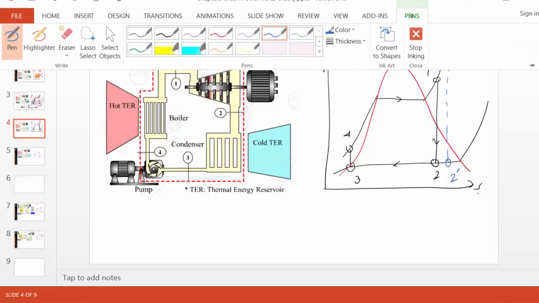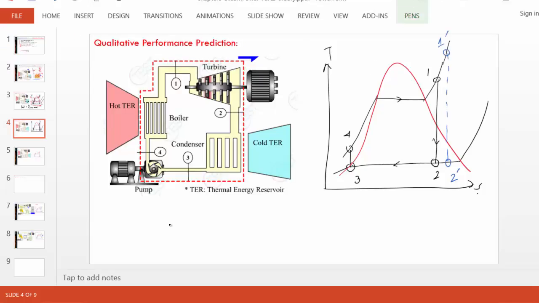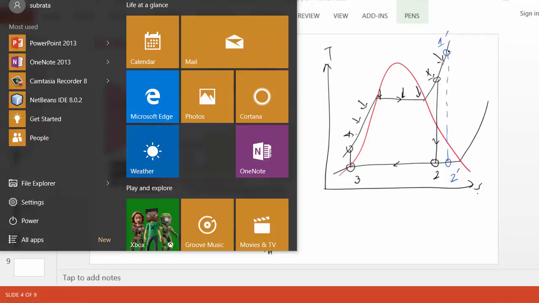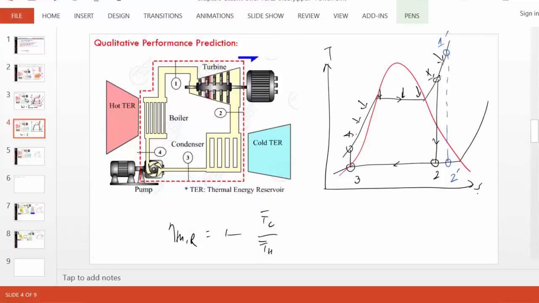And what will happen to the efficiency? Eta thermal is 1 minus TC bar over TH bar. As you can see, the blue cycle has a heat addition from 4 to 1 prime, whereas the original cycle has a lower temperature.